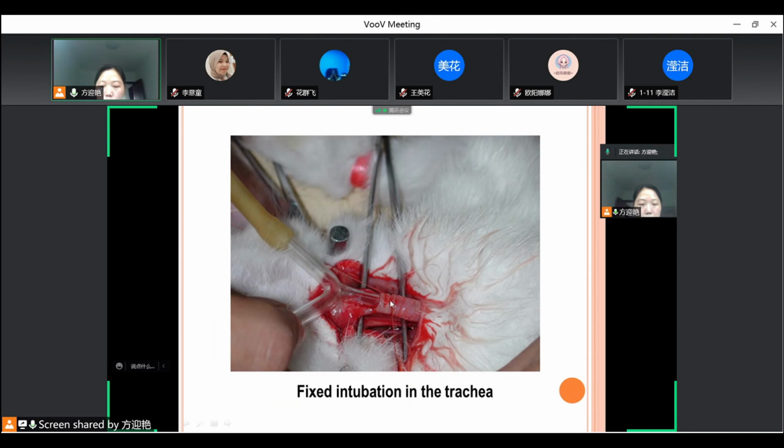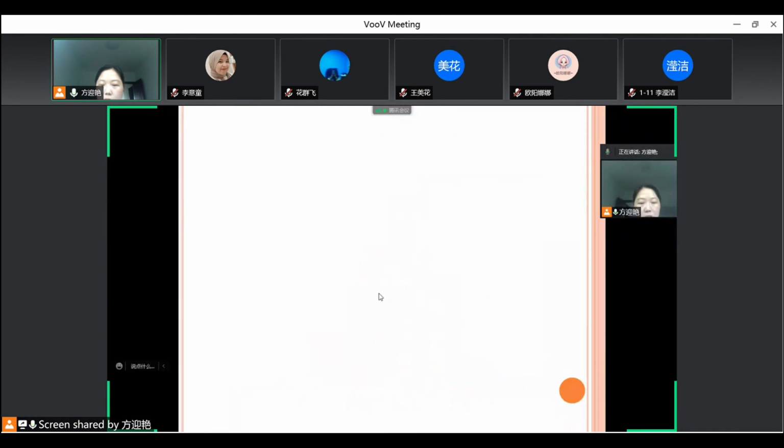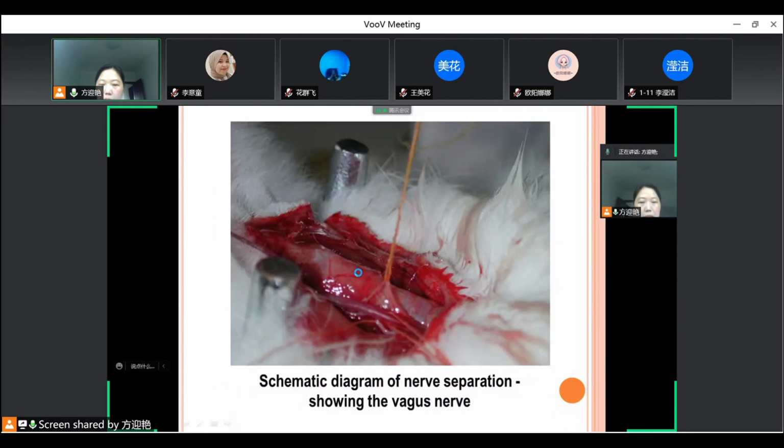We thread and fix it with cotton thread, fixing the tube in the trachea.